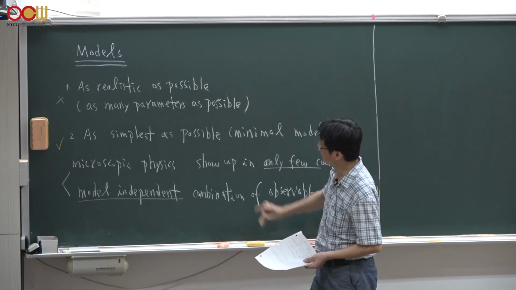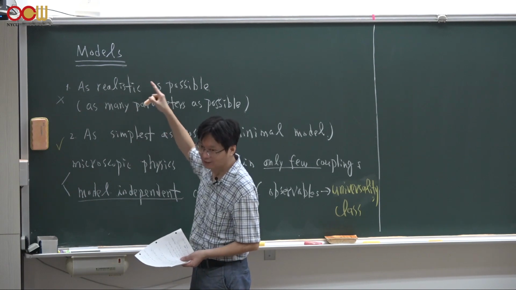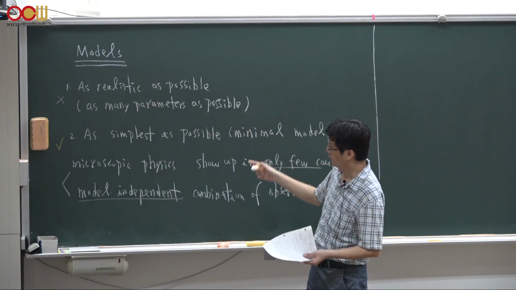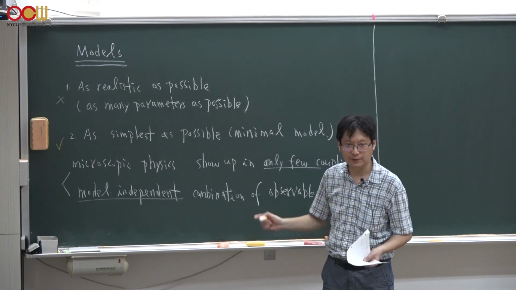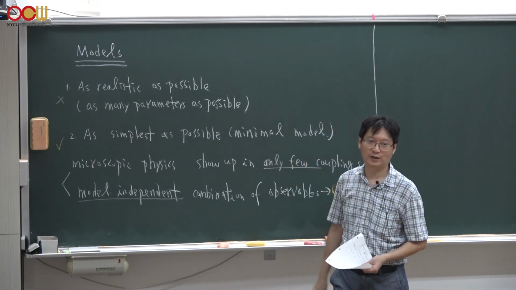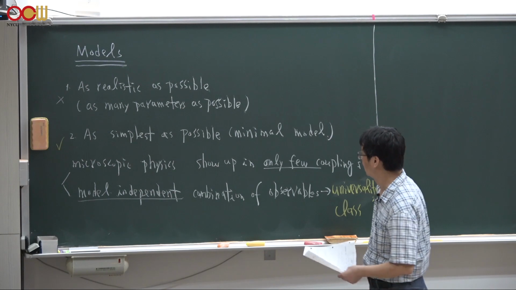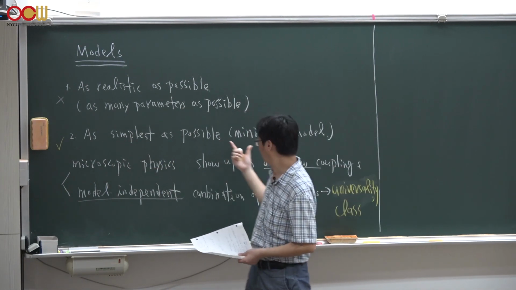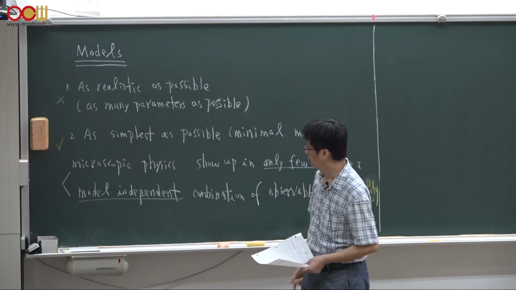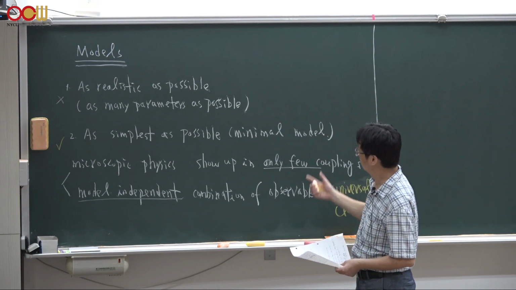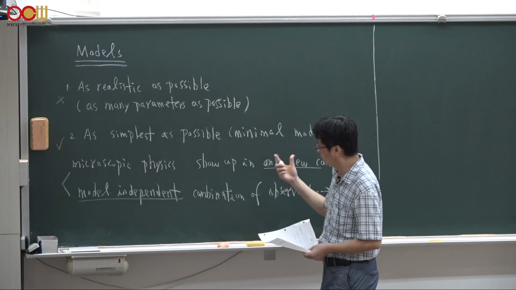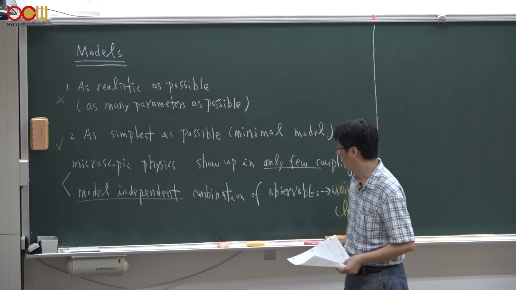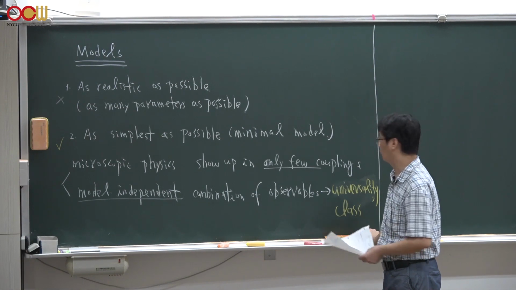The first approach seems realistic, but it's not realistic at all. The second approach sounds very naive, but it is really a more practical approach because, number one, we are able to analyze this minimal model, and number two, oftentimes from these minimal models we can extract the key features, especially when the microscopic physics involves only very few coupling constants.